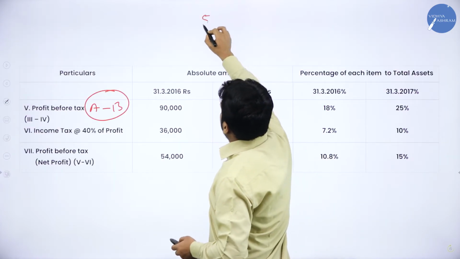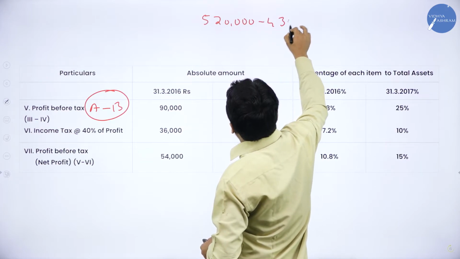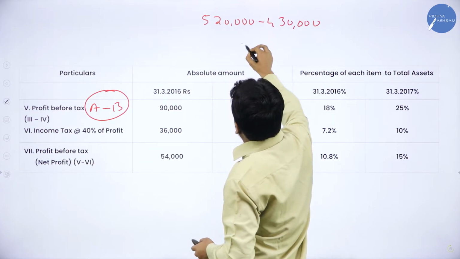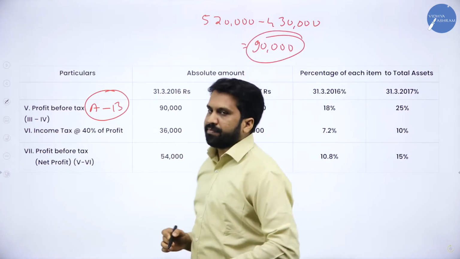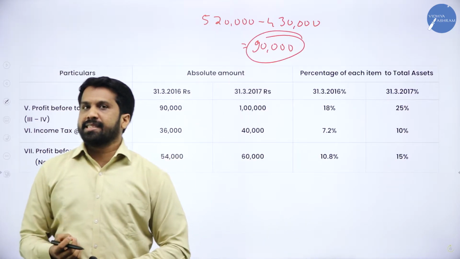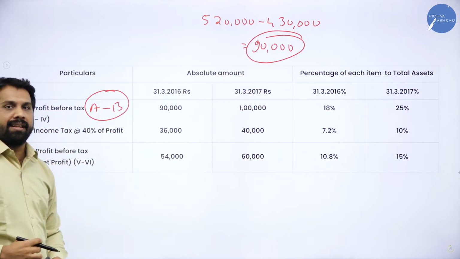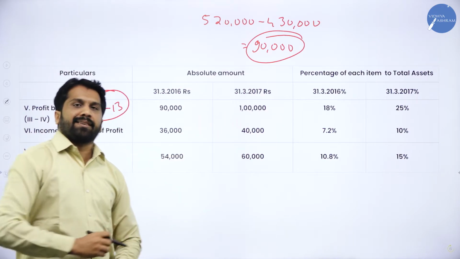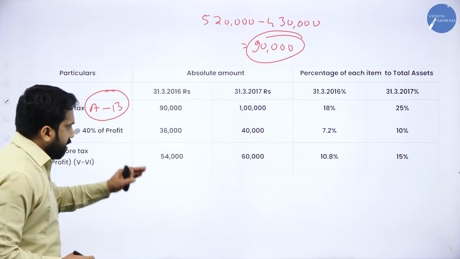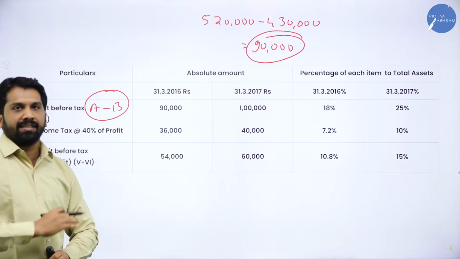Now, 5,20,000 minus 4,30,000, your answer is 90,000. Easy? Yes. Your answer is 90,000. Simple calculation. Similarly, you have to do it for 2017 also. Write down this answer. Work it out without seeing the answer.